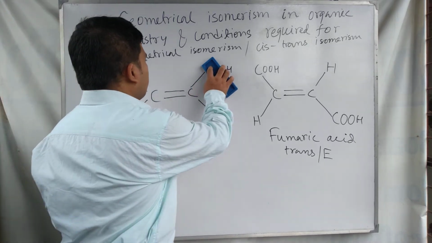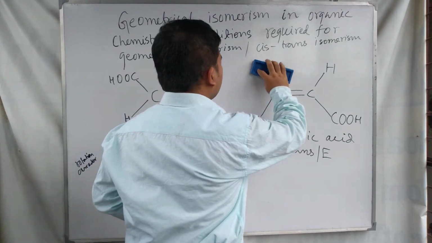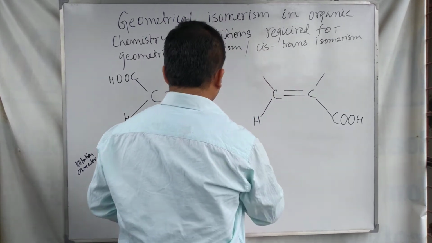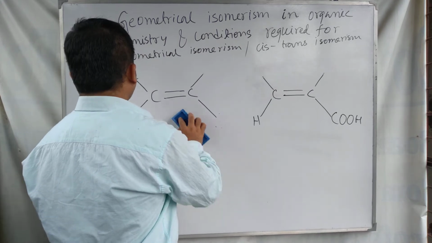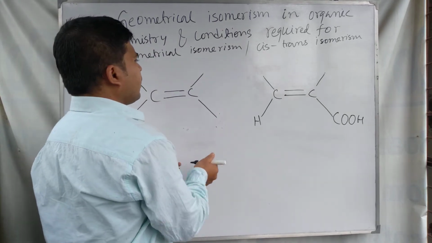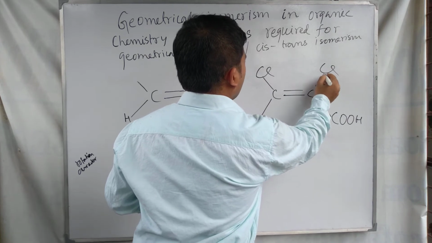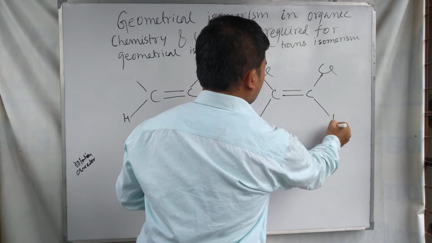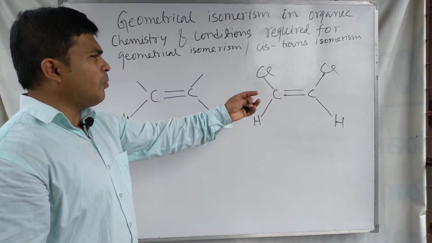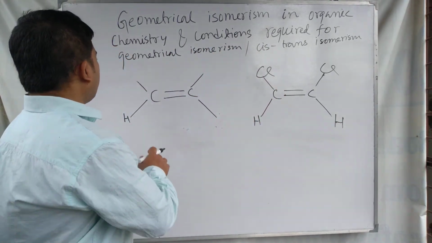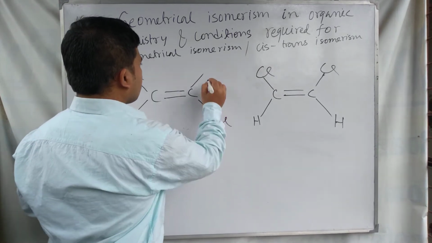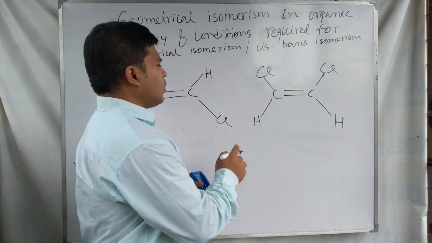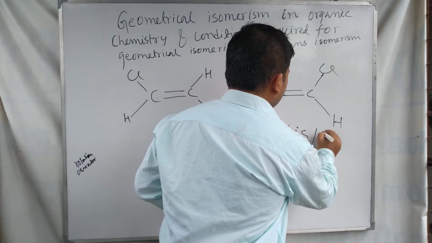There are some other geometrical isomers possible. Suppose we take chlorine in both positions. This is also called a geometrical isomer, and these two are examples of geometrical isomers.